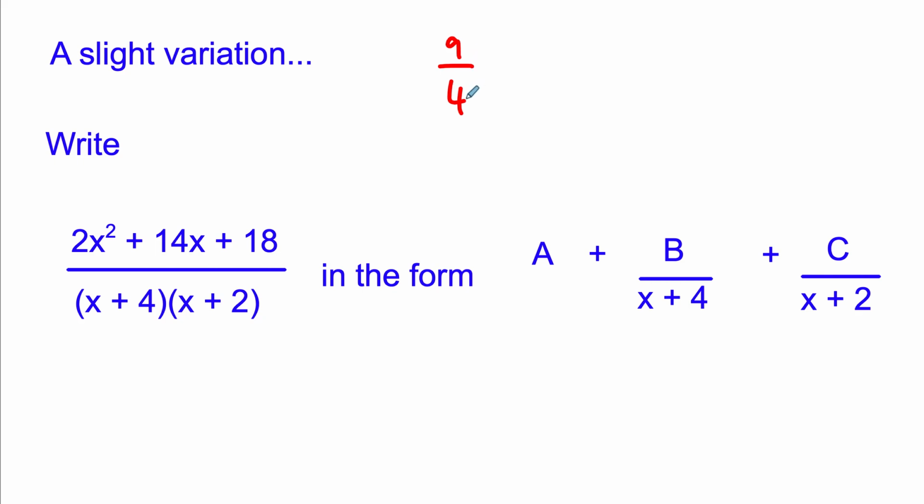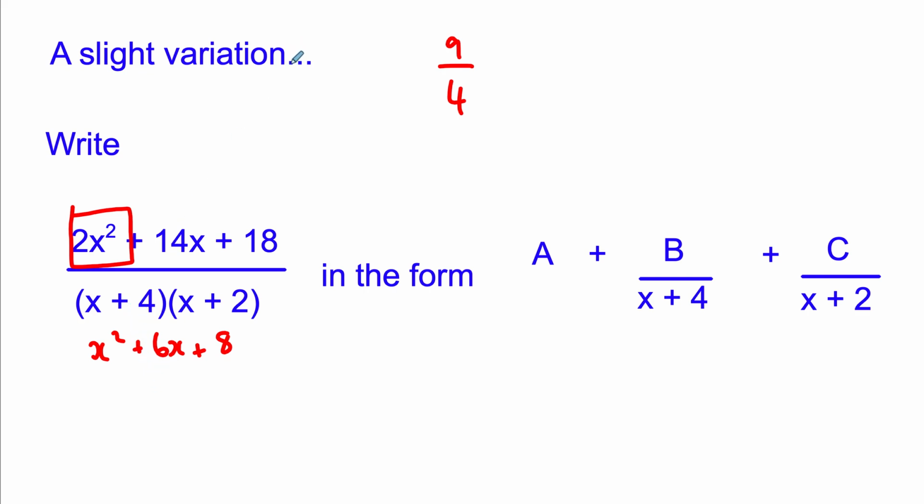Obviously 9 over 4 is a top-heavy fraction in numbers. In algebra, a top-heavy fraction is counted as one where, if the leading term in each of the fractions, on the top and the bottom, if the top power is equal to or more, it doesn't just have to be more than, it can be equal to as well, if it's equal to or more than the leading power of the denominator, then it is called a top-heavy fraction.